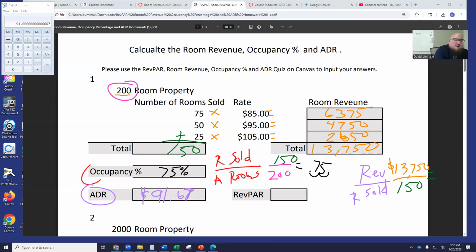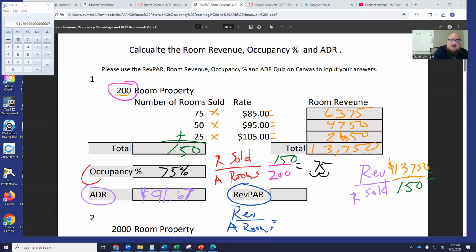And then for RevPAR, let's see, what color have I not used? Blue. Our revenue per available room. Revenue divided by the available rooms.